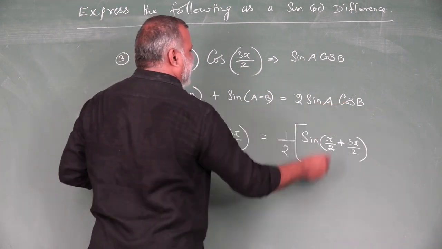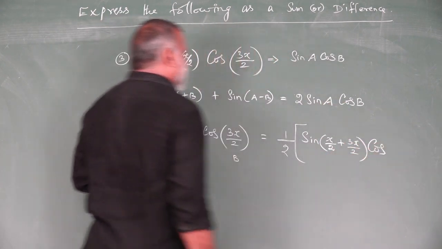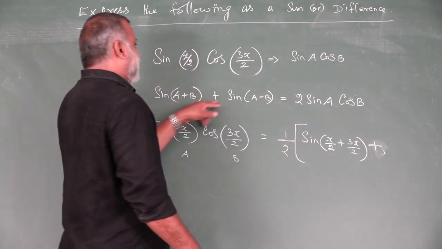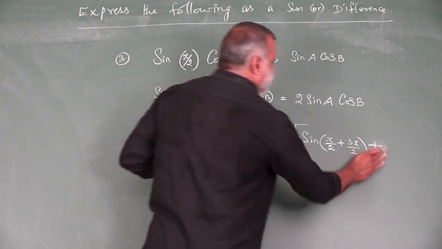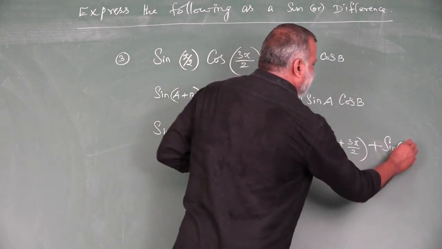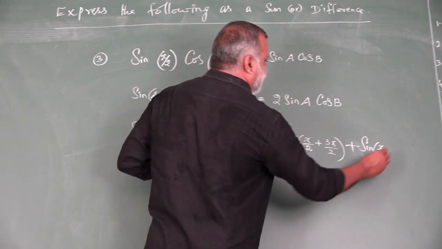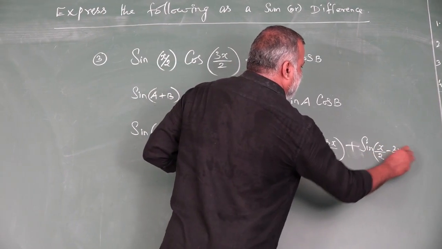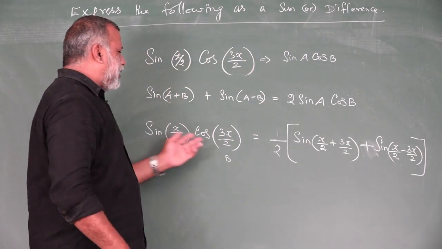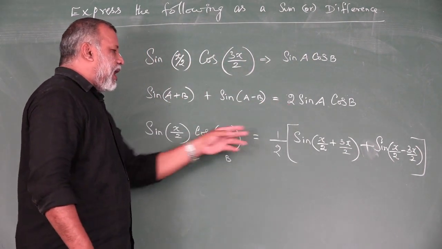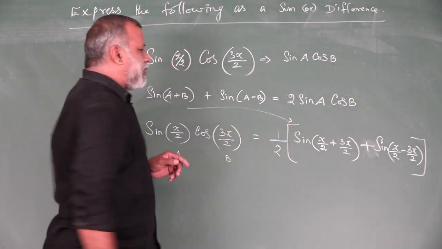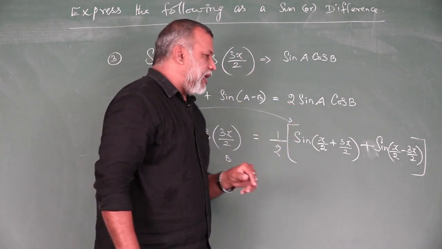Then cos B, positive here. Sine of A minus B: A is x by 2 minus B is 3x by 2. So 2 sine A cos B is equal to half into sine of A plus B plus sine of A minus B.